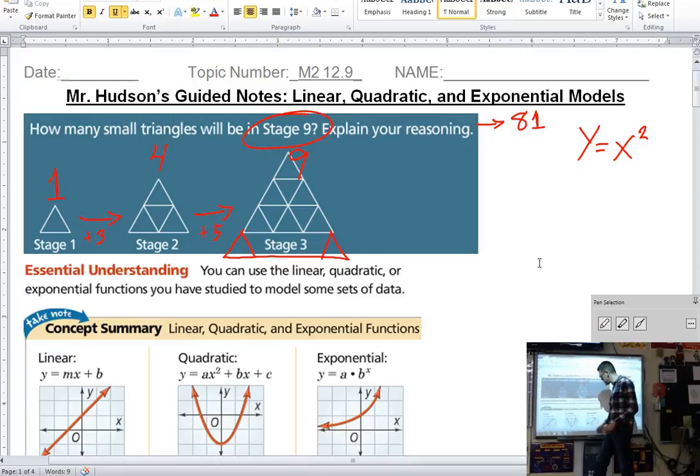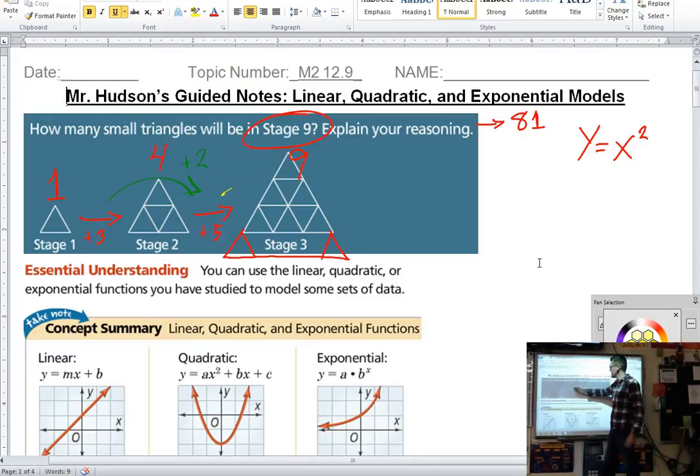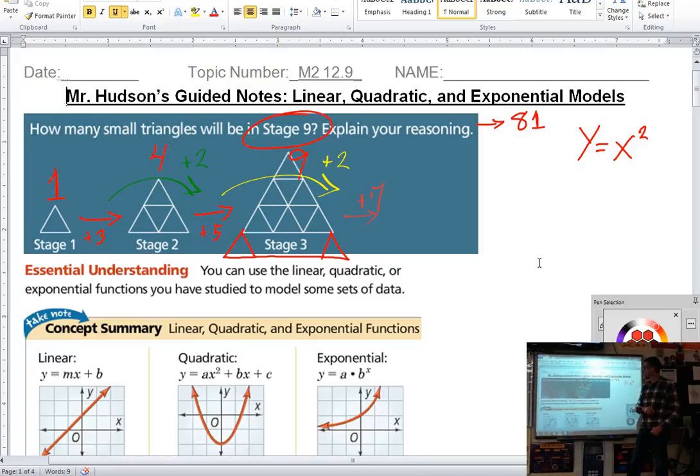So what you're really identifying is the change in your change: we got 2 extra between those 2 sets. Sorry that you can't really see the green that well. So we're hypothesizing that we would get 2 extra on this set as well, which would mean we would add 7, so stage 4 would have 16 triangles.